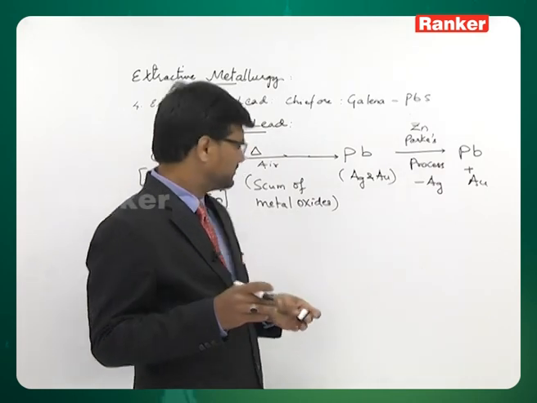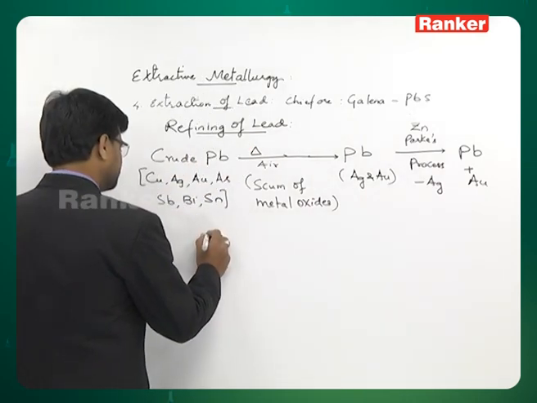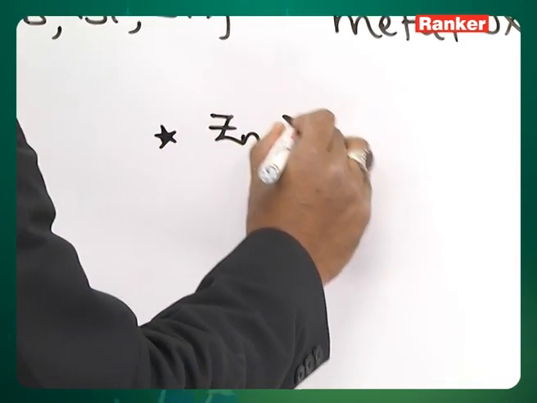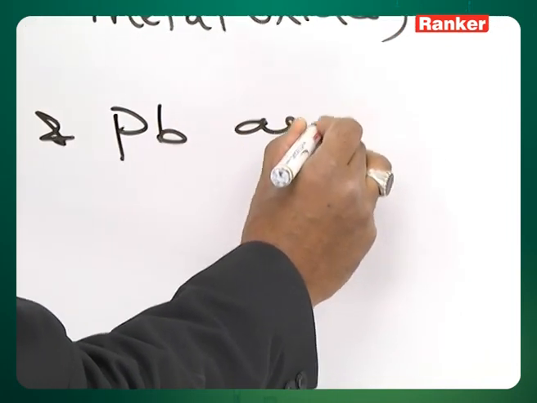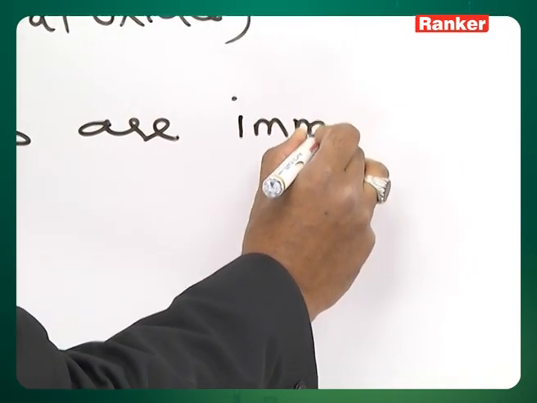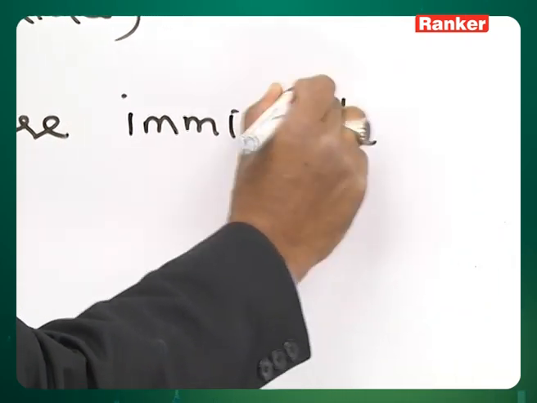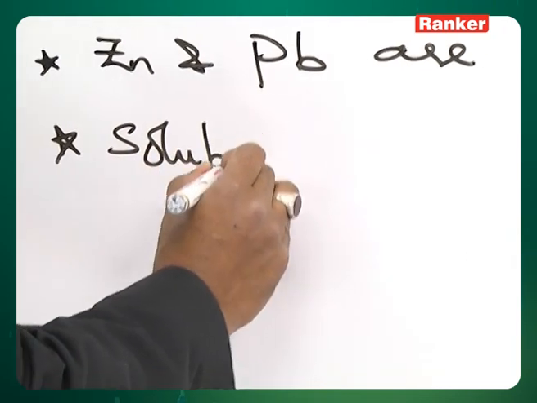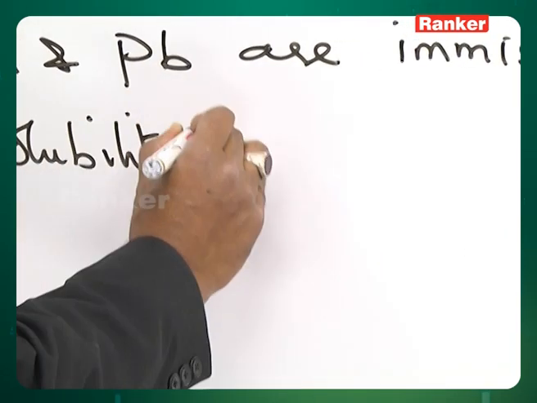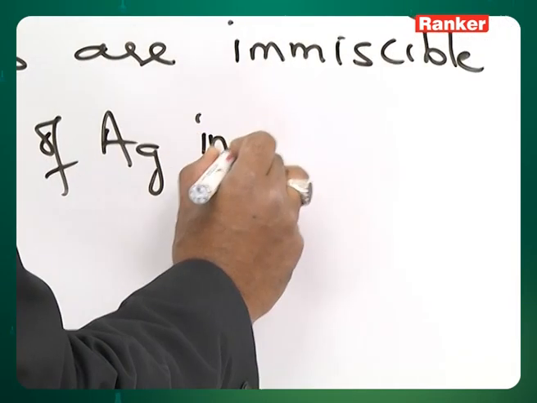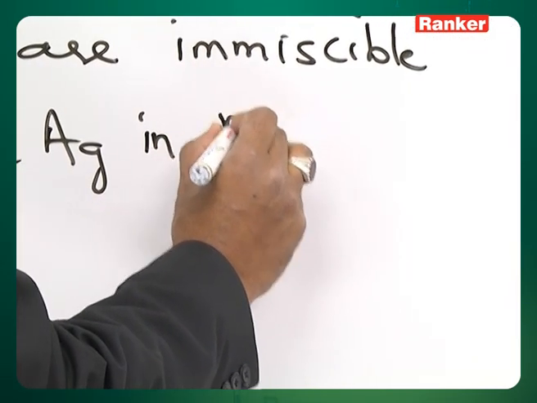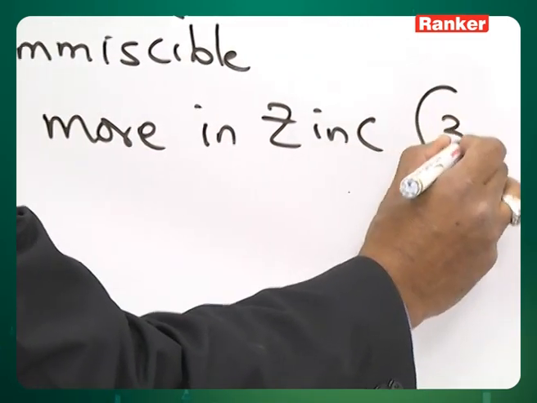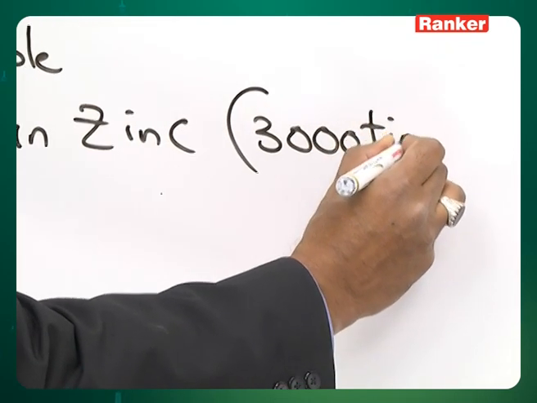Another point you should know: zinc and lead are immiscible. Solubility of silver is more in zinc, roughly 3000 times.